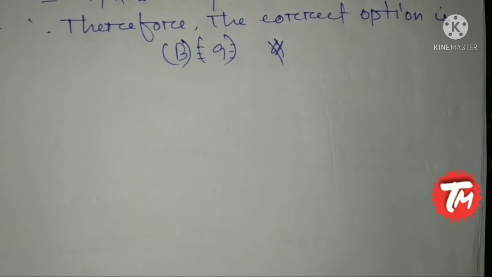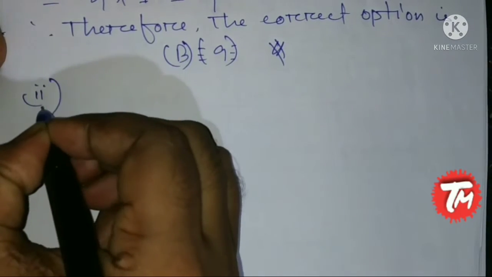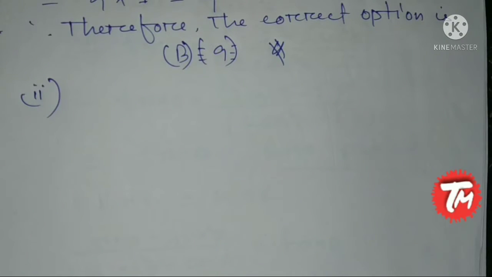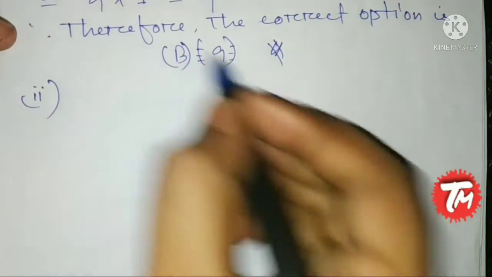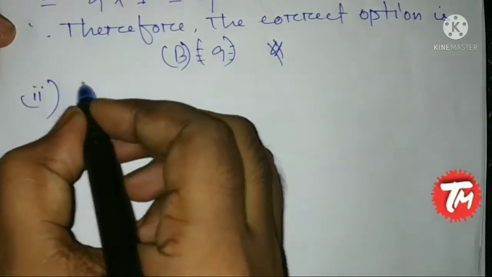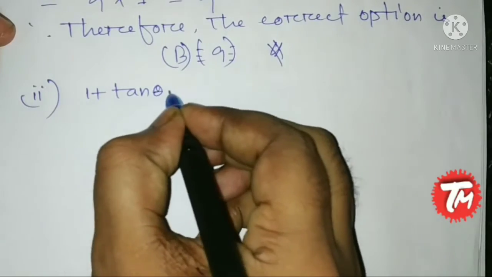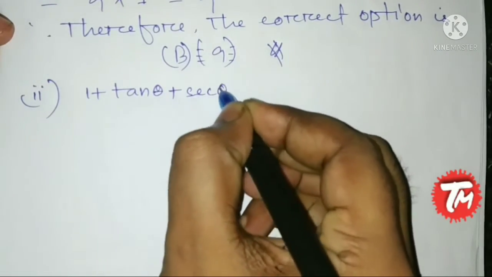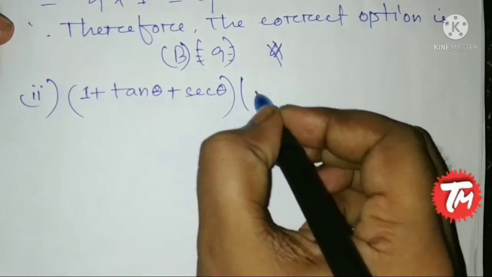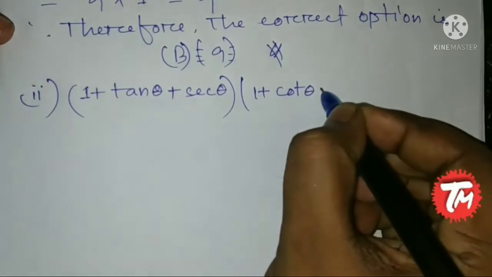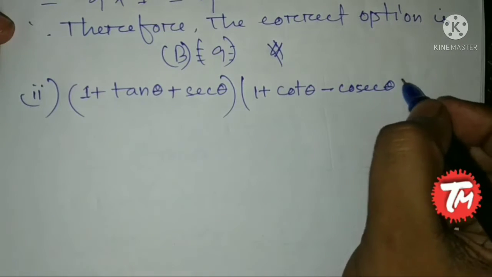Question number 4, the second one, is given here: 1 plus tan theta plus sec theta, into 1 plus cot theta minus cosec theta, equal to what?